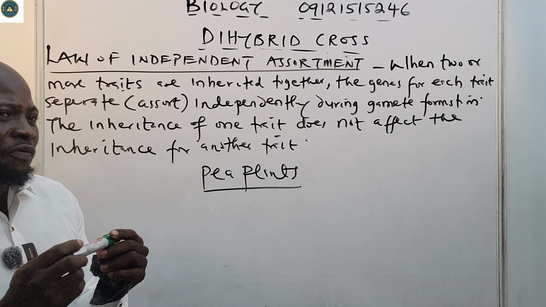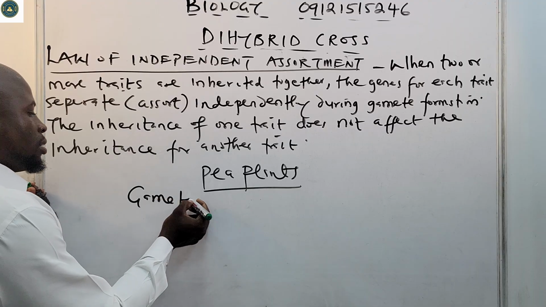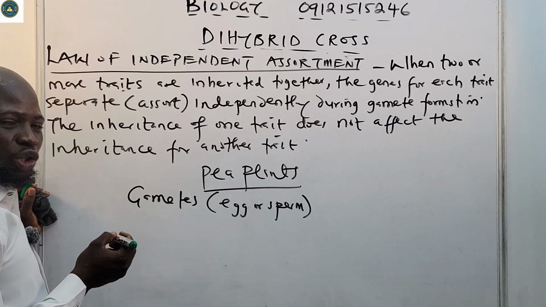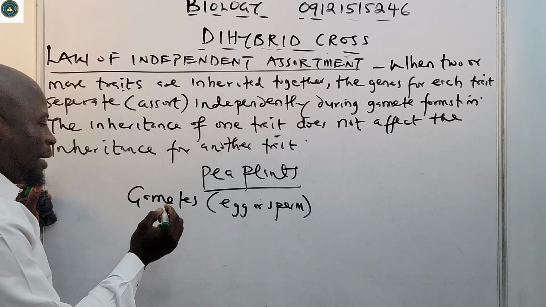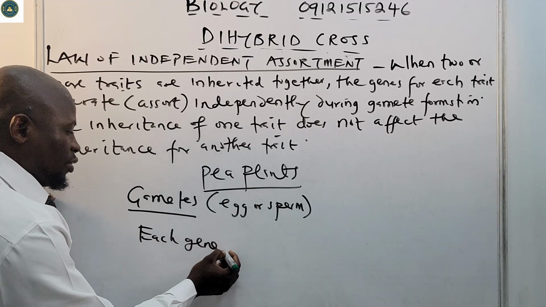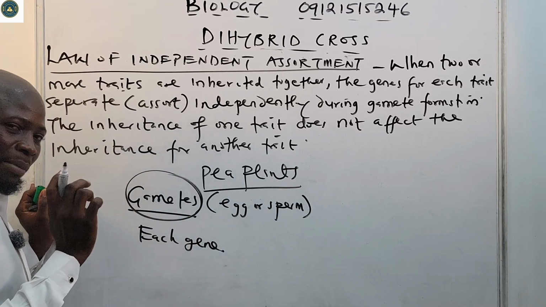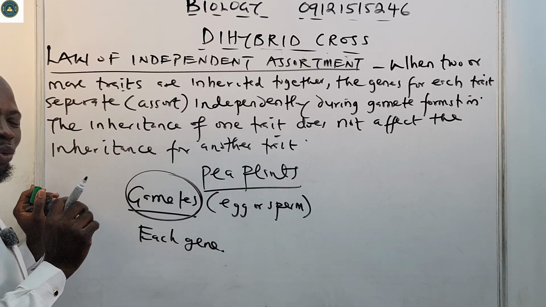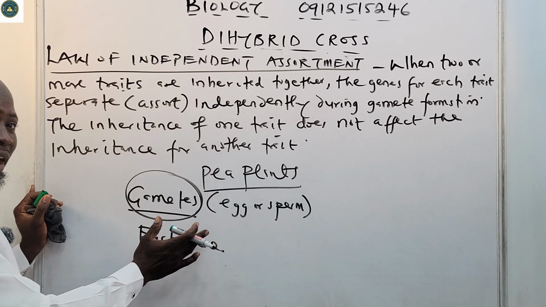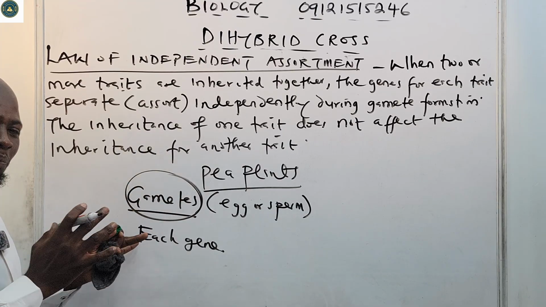So in general, just think of it like this: when you are making gametes, either egg or sperm, each gamete will get only one copy of each gene. So the way one gene goes into the gamete does not affect the way another gene goes in.